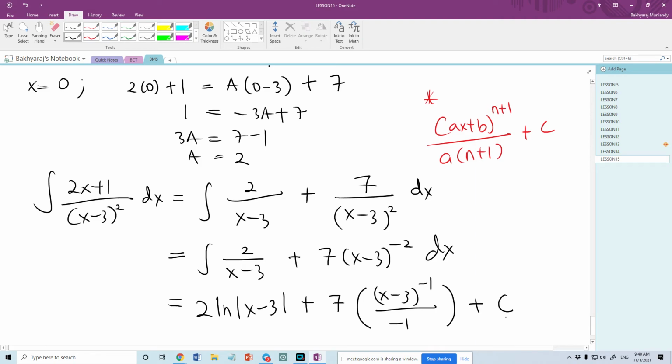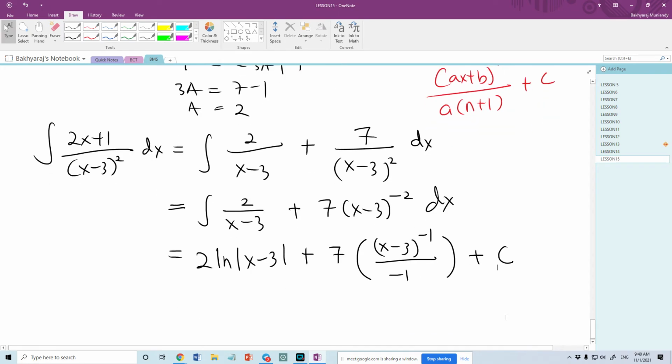Okay, so you can go one by one. Make sure you understand what you are writing. Don't simply follow the formula. You must know what you are trying to do. So next equal 2 log x minus 3 plus, plus becomes minus because of negative 1, right?